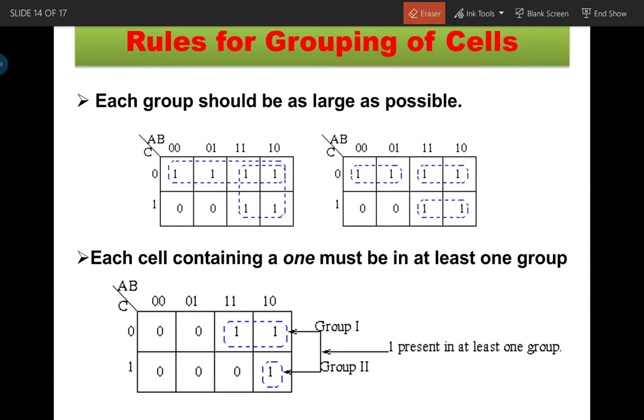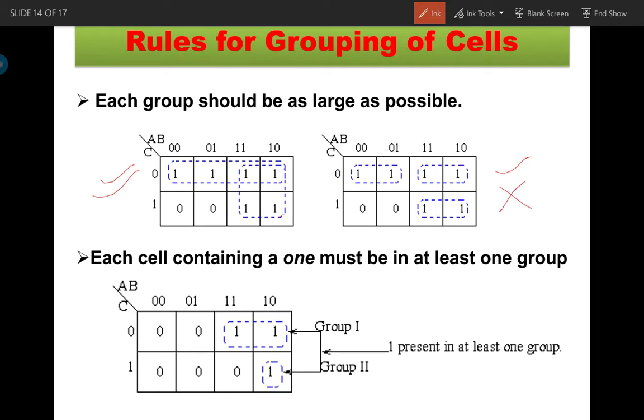Okay, the main thing is whether the grouping is possible or not. As in the first example you have seen that a grouping of 4 and 4 is possible. If we make smaller groupings, that is not the right way, right?